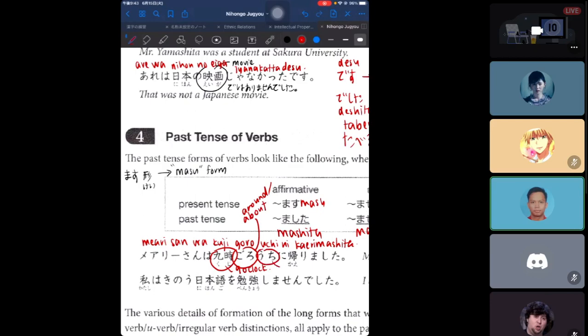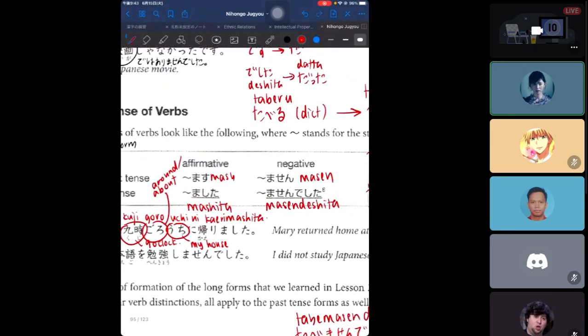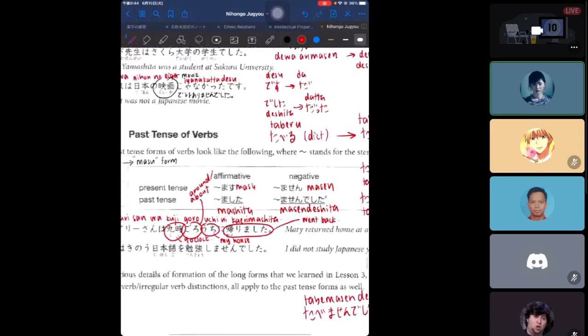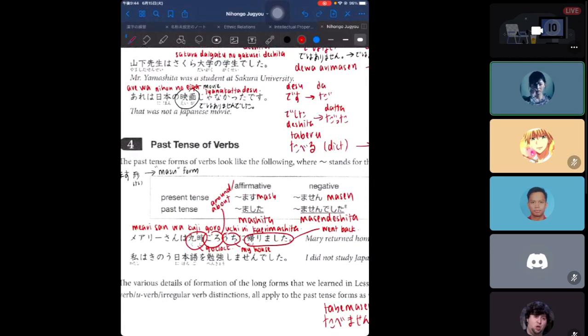Kaerimashita is the verb for to go back home, and in this case it's past tense, so it becomes went back. Basically, Mary went back home around 9 o'clock.